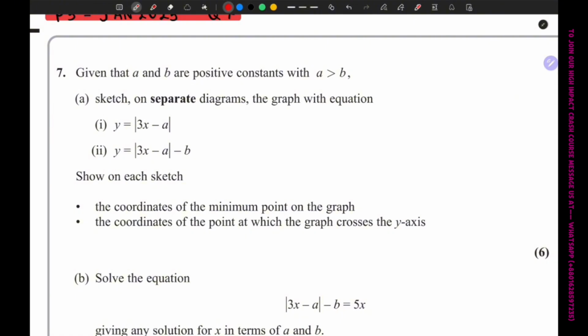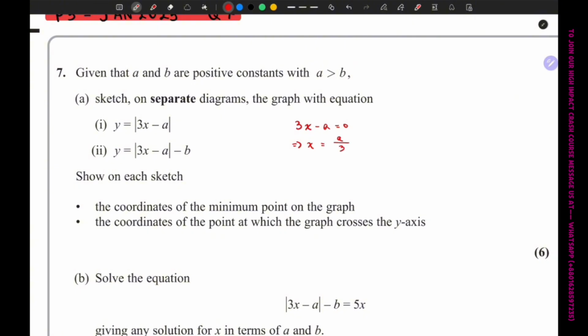In order to draw the modulus function, the first step is to find the coordinates of the vertex. To find it, take the function inside the modulus and equate this to 0, so x will be equal to a over 3.